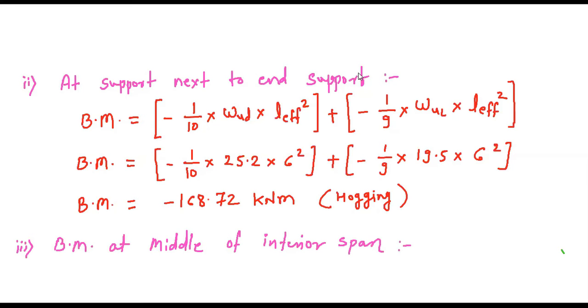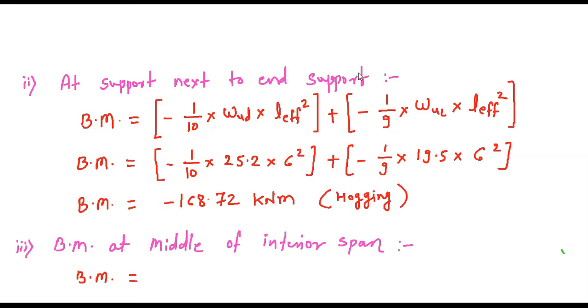Now you know the formula, so I will directly put the values of coefficients. The coefficients we have already seen in the IS code: 1 by 16 and 1 by 12.